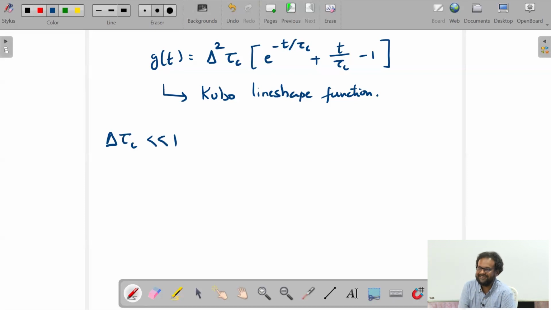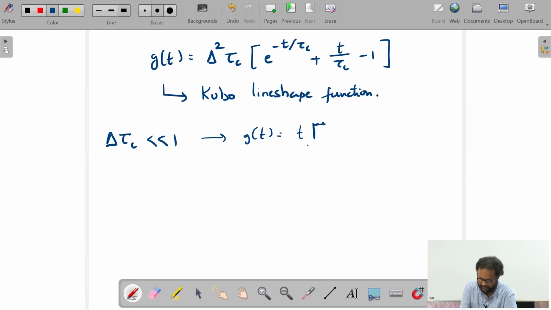This final expression, there has to be a delta somewhere inside, but that's fine. So under the assumption of my product of delta and tau c much less than 1, basically saying that my correlation time scale is extremely short when I have rapid fluctuations, tau c will be close to 0. Then you can show my G of t is basically t times some gamma.